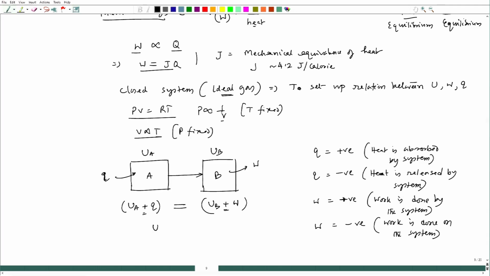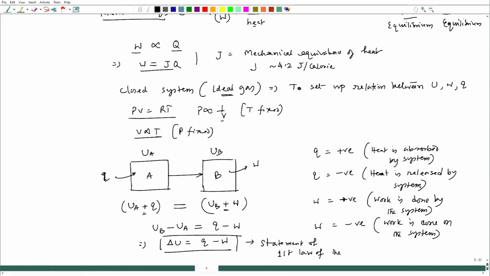Then I can write U B minus U A, where B is the final state and A is the initial state, equals Q minus W. So this becomes del U equal to Q minus W. This is also a statement of the first law of thermodynamics.